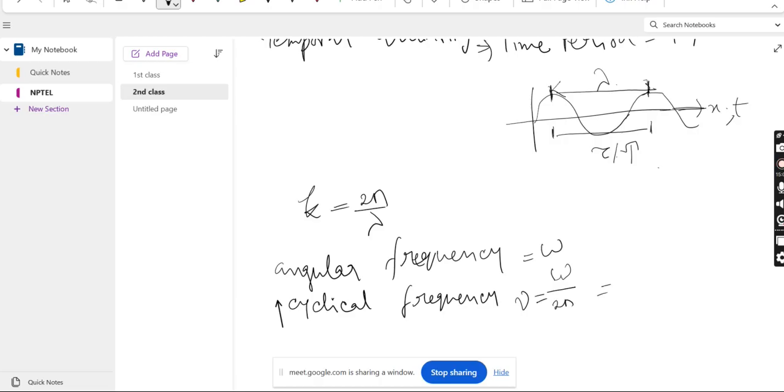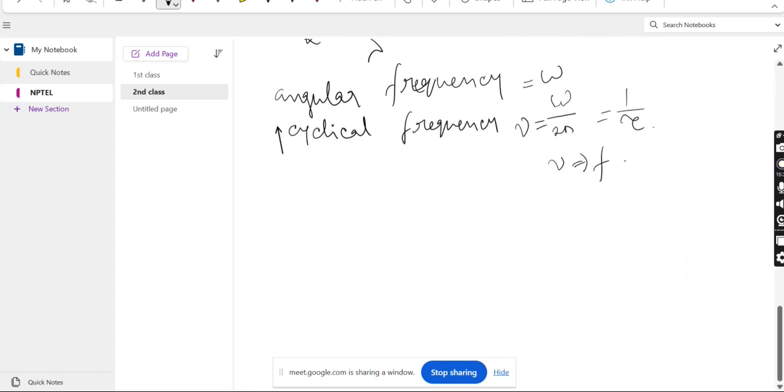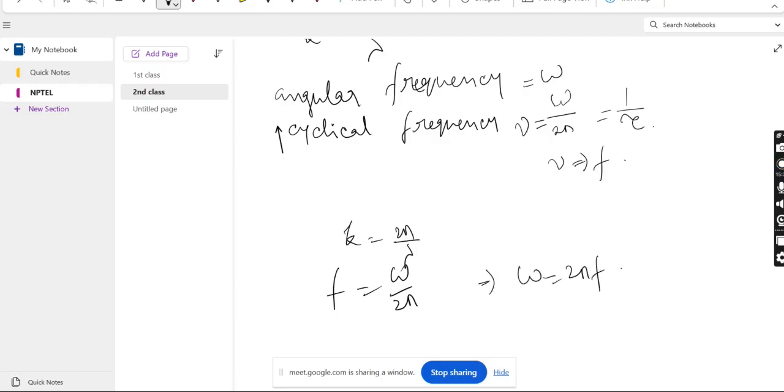We can also say this is basically 1 by time period. So mu can also be denoted as frequency f. So k is 2 pi by lambda, f is omega by 2 pi, or we can remember omega is equal to 2 pi f, or 2 pi by tau.